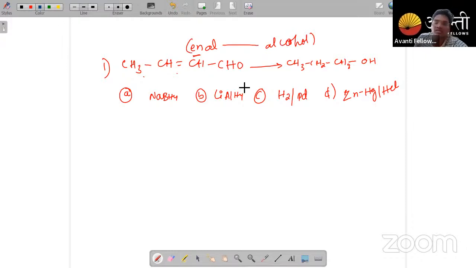For that, we already know that LAH, lithium aluminum hydride, can convert everything like aldehyde, ketone, and carboxylic acids, except alkenes.